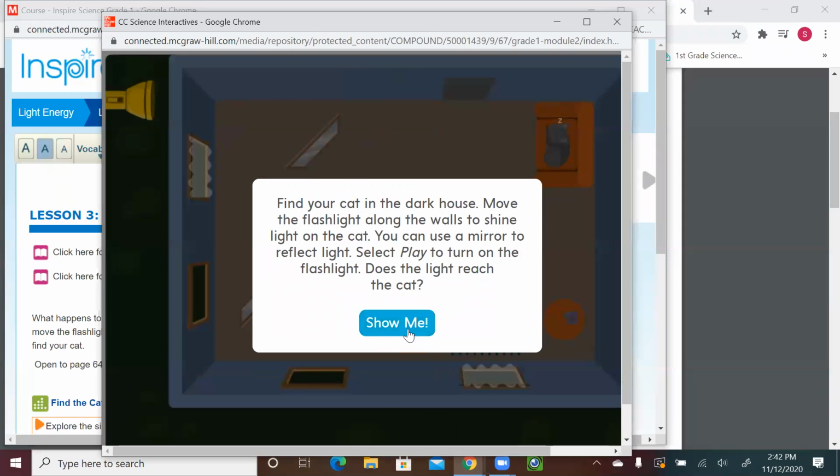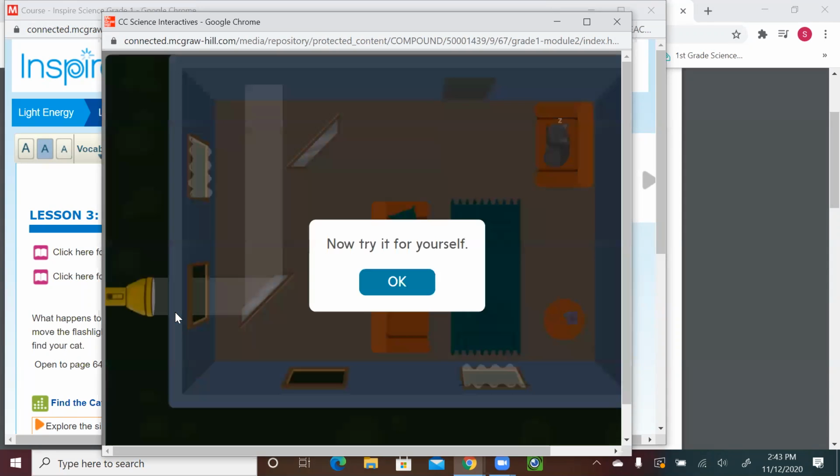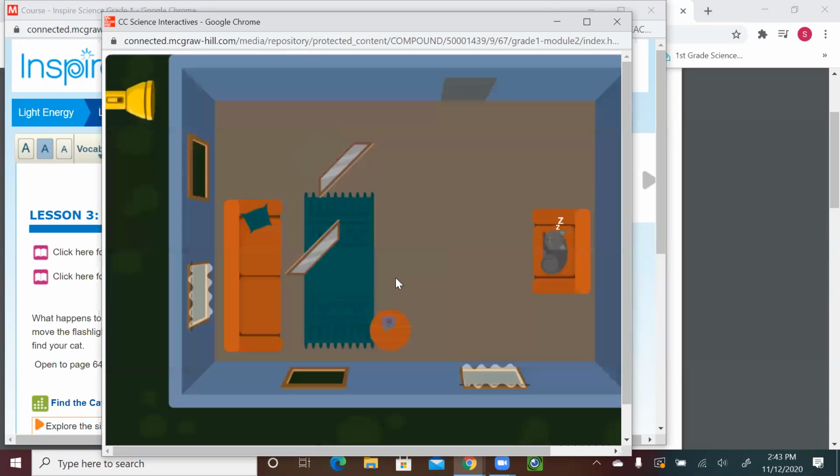So now let's see. You see the cat? Okay, now there is a cat.